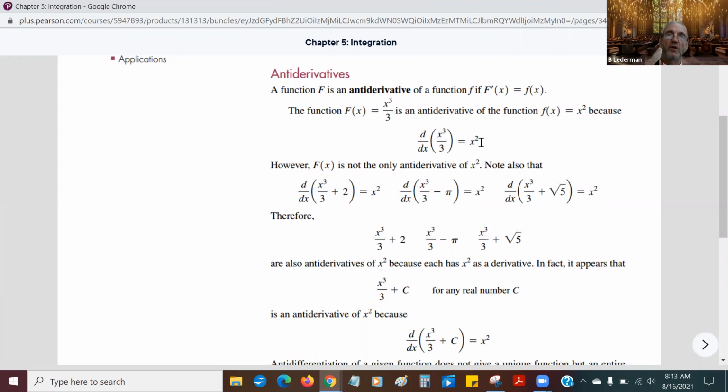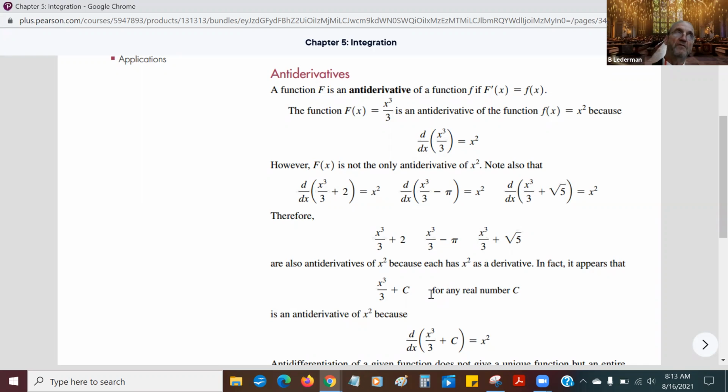Now, x squared is not the only antiderivative, because x cubed over 3 is not the only antiderivative, like I was saying. If I add a 2, or subtract pi, or add the square root of 5, I still get the same answer. So really any constant, any real number c (c stands for constant), will give an antiderivative.